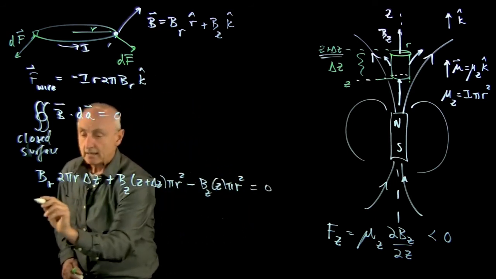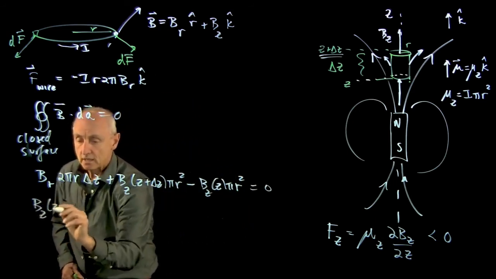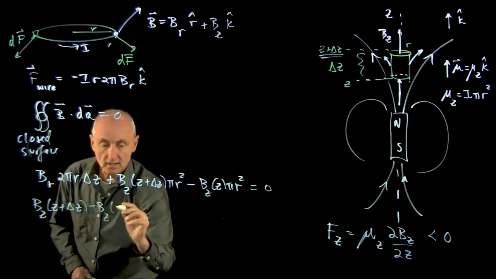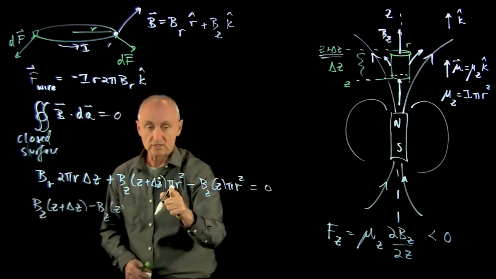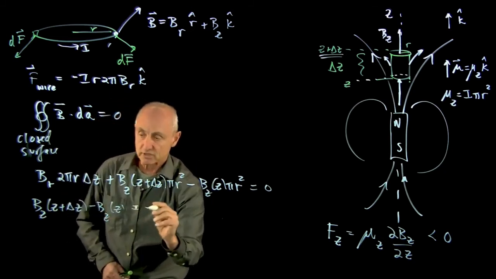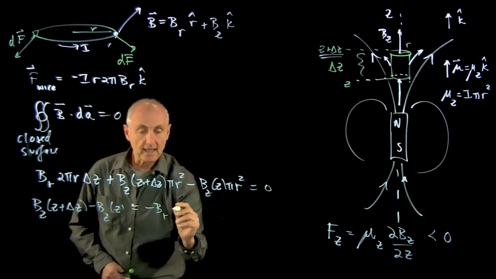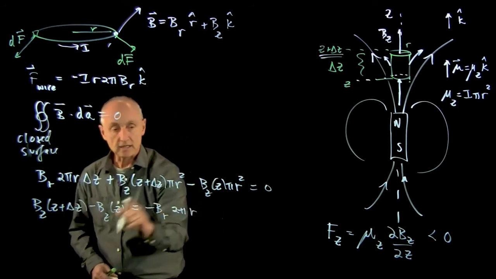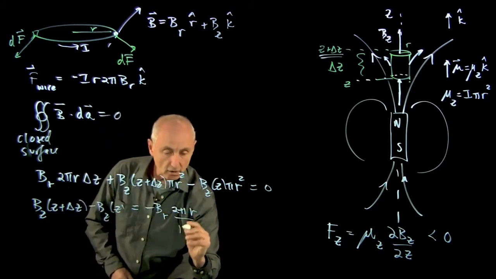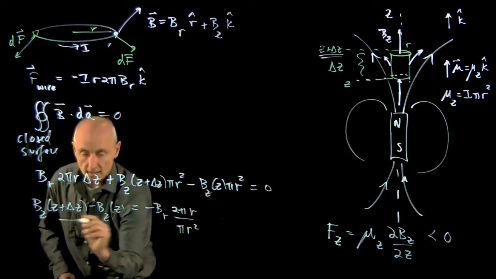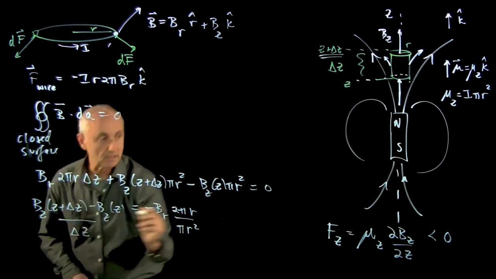Now, I can write that as B of z plus delta z minus B of z, that's these two pieces. I'm going to bring this term to the other side. So that's minus Br times 2 pi r. I'm going to divide by pi r squared. And this delta z, I'm going to divide on that side.